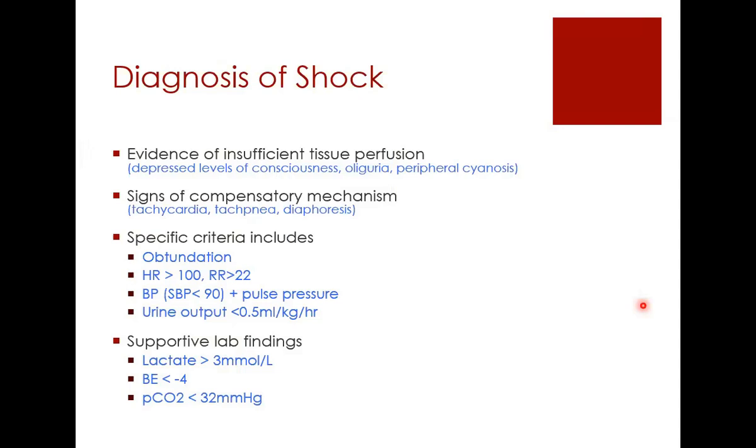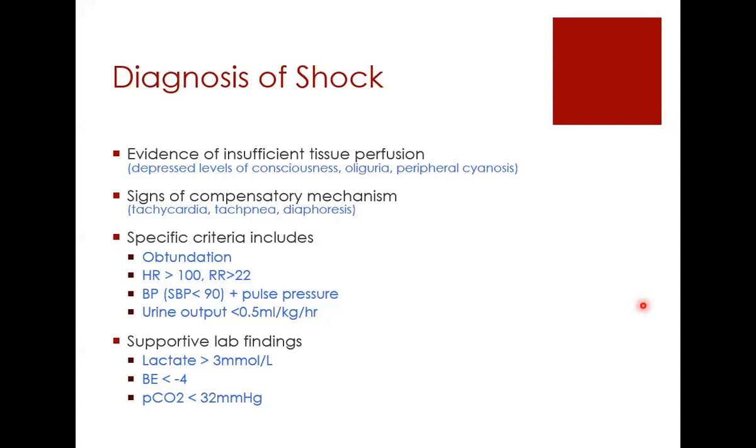For example, the patient's level of consciousness, whether it's depressed or not, the patient's periphery, is it cold or warm, or if a CBD is inserted, how is the patient's urine output? Secondly, also look for any signs of compensatory mechanisms, for example tachycardia, tachypnea, diaphoresis.